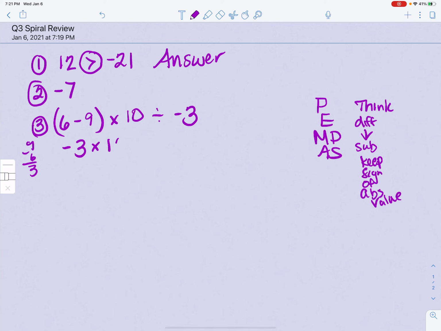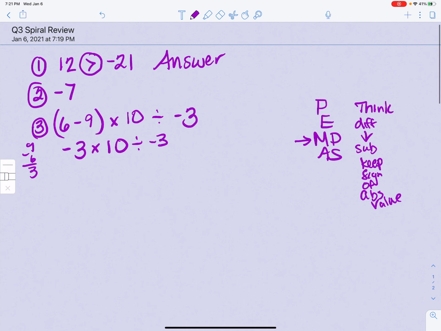I'm bringing down the times 10 divided by -3. So now I'm dealing with multiplying and dividing. So I can just work from left to right. -3 times 10 is -30. I remember that it's negative because a negative times a positive gives me a negative.